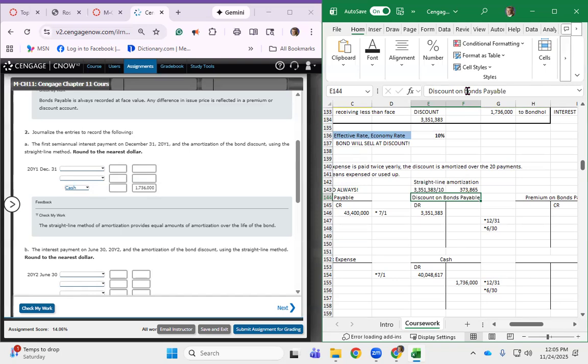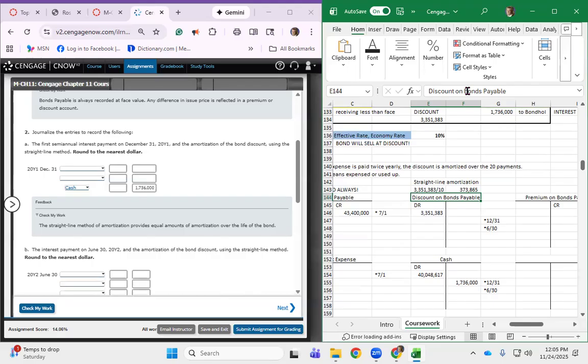If yours is due in 5, what's your bond period? 6 years. Okay, so yours is going to be 12. What's your bond period? How many years to mature? 7 years. So you're going to divide by 14 payments, right? I just happened to get lucky and get 5 times 2.